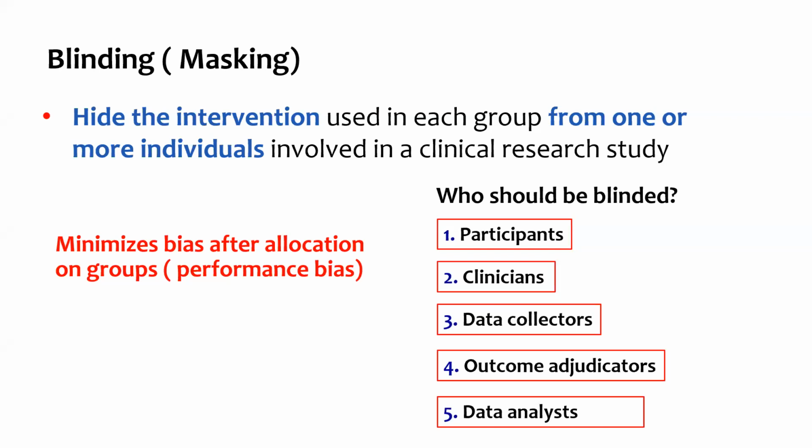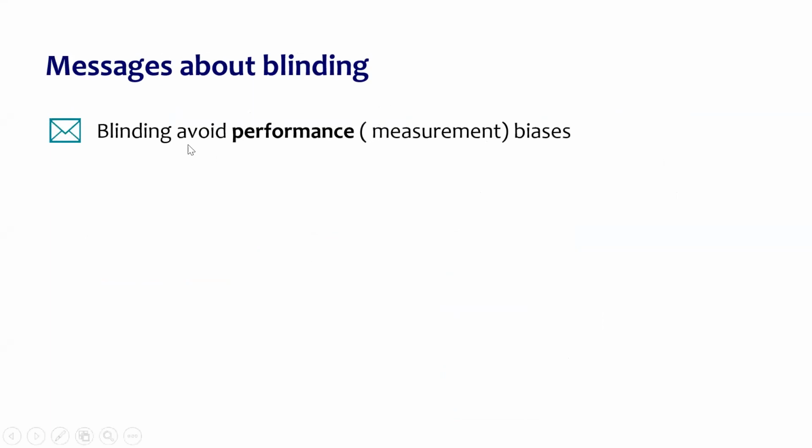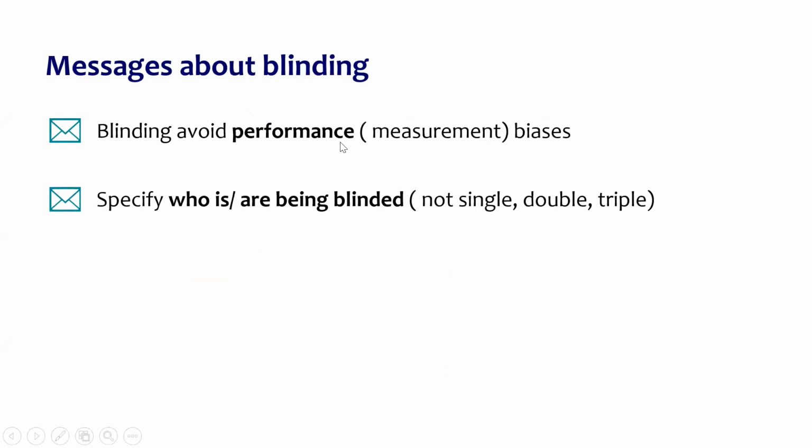So if the person measuring the outcome does not know which intervention was applied to this person or that one, we can eliminate the bias which may come through this way. Blinding is important to avoid performance bias, also called measurement bias. For example, sometimes we ask the patient whether this drug relieved the pain or not, so all the information that establishes whether the drug is effective depends on the patient. If the patient knows the drug and did not like it, he may give you a false interpretation.